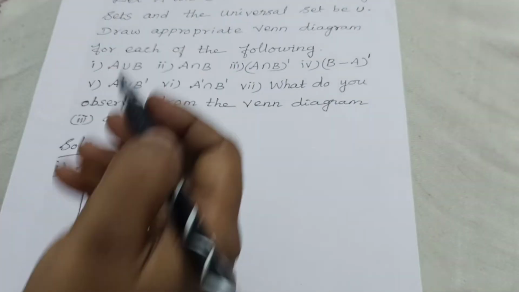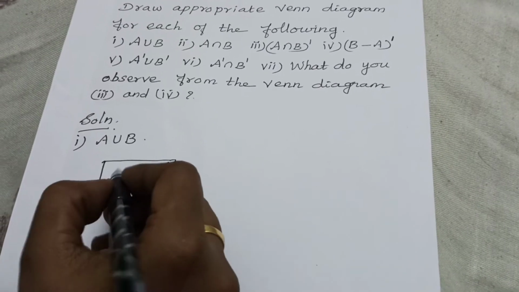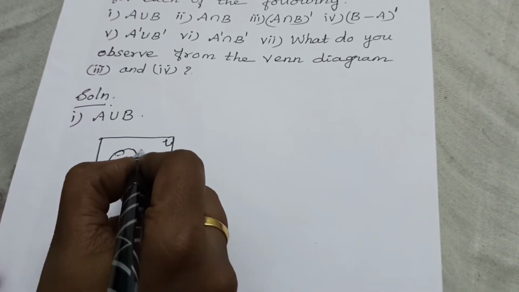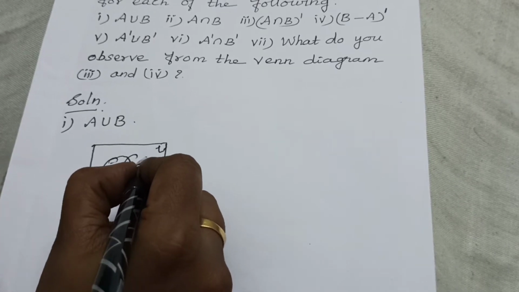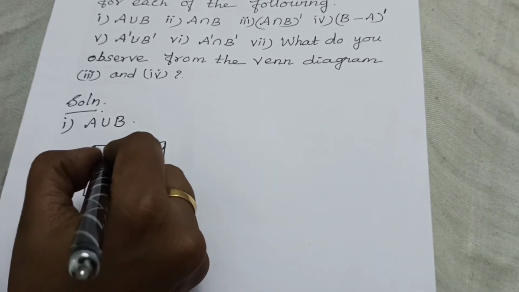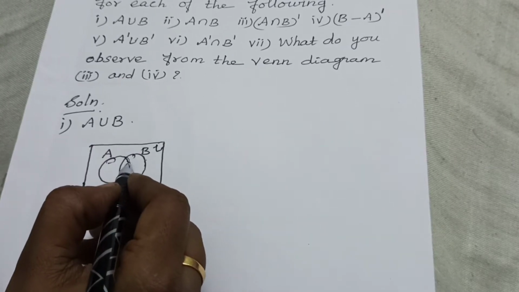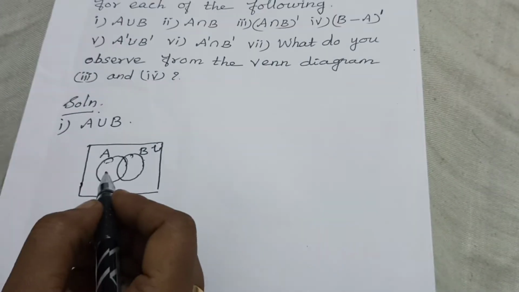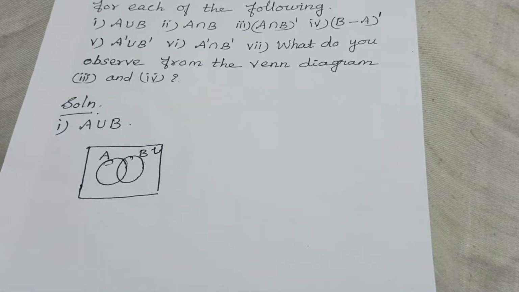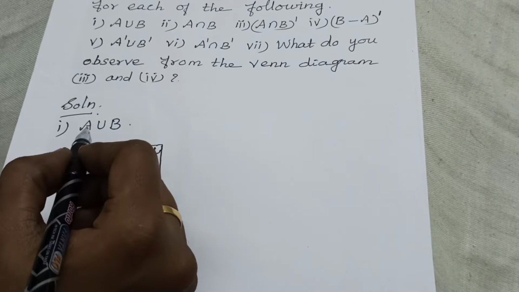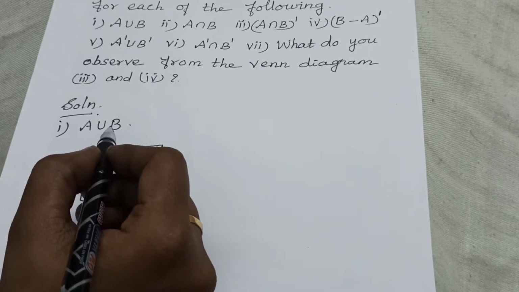Then A and B are two overlapping sets. This is set A, then set B. They have a common part. So we have to draw like this, A and B.